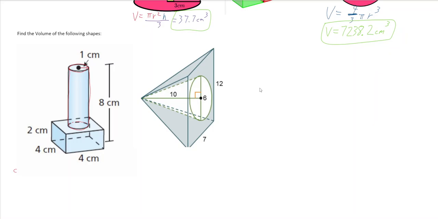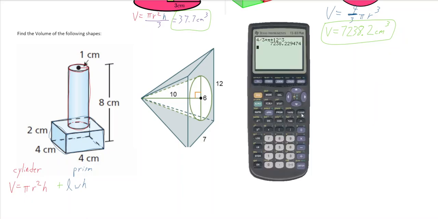So that's going to be the first part, cylinder, which is pi r squared times h, plus we're going to have the volume of the rectangular prism, which is length times width times height.